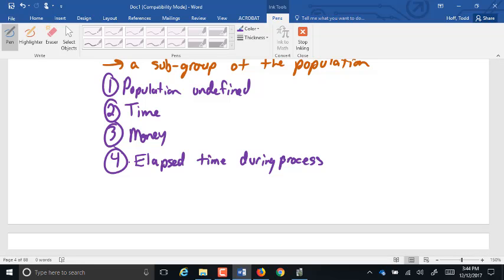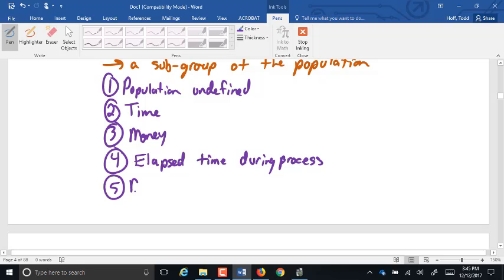But what happens if on day 2, one of the candidates says something really offensive or stupid? Well, that might change the opinions of people and who they're going to vote for. Some of the people you've already surveyed may change their mind and be voting for somebody else. So the conditions have changed and you're not done with it. Part of any statistical process is keeping the conditions constant during the process. And the longer it takes, the more likely it is that conditions are going to change. So that's a problem.